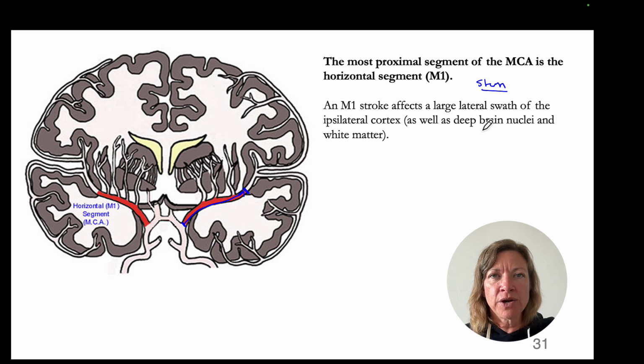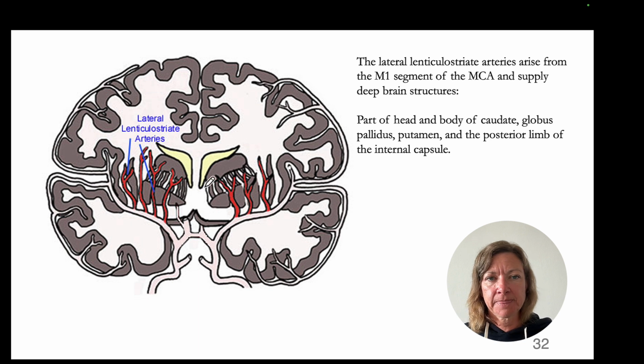And an M1 or stem stroke affects a huge swath of ipsilateral cortex, as well as deep brain nuclei and white matter. So this is a really massive stroke. Now, the lateral lenticulostriate arteries, here they are, arise from the M1 segment and supply the deep brain structures.